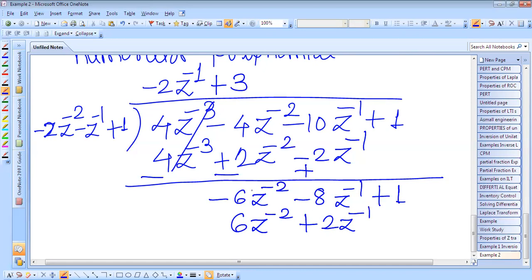No, not 2. It is minus 3. Minus 3 into z raised to power minus 1 plus 3.